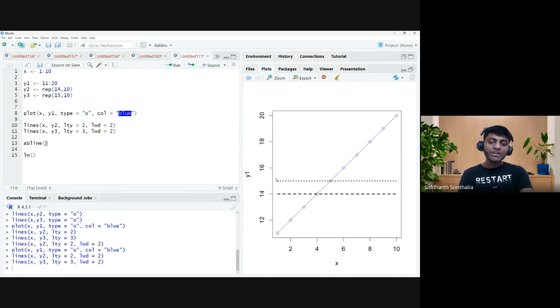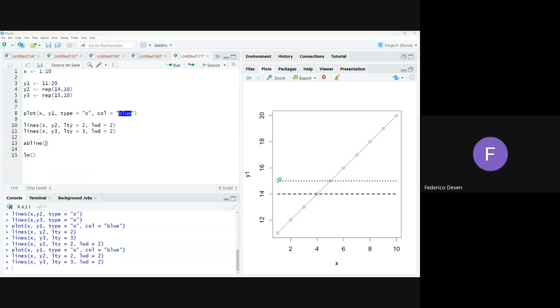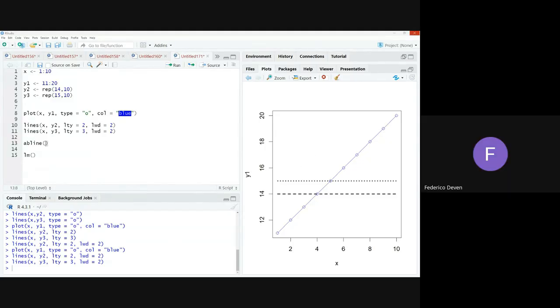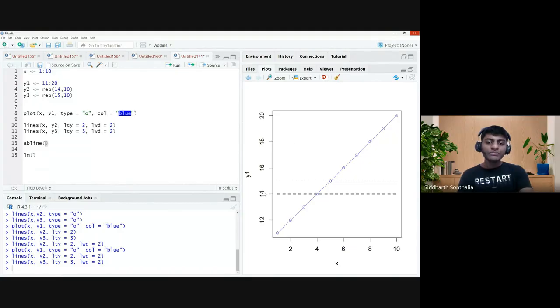No. You just need the y information, that y equals 15. That's all the information you need to draw this line, because y is the same for all x's. Similarly, for this one, I need just y equals 14. So this is nothing but a line that is parallel to the x-axis, or a horizontal line.